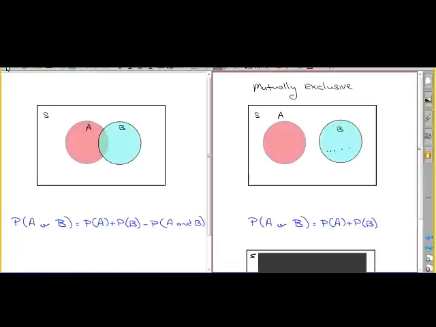Those are completely off. Those are different sample spaces. So we don't ever end up with a probability of greater than 1 by or, because you can't have a probability greater than 1. You can't be more certain than certain, completely certain, right?